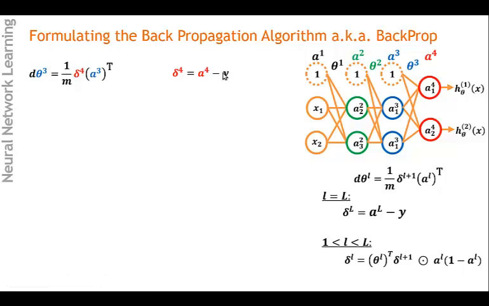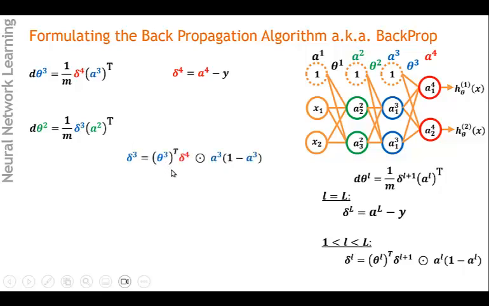Then you're going to use this formula to get the d theta. Now see, this is delta L plus 1. So if L plus 1 equals capital L, this is going to be capital L minus 1. In our case, capital L is 4. So we're going to go backwards and find 3, 2, and 1. You can all get the formula, right?